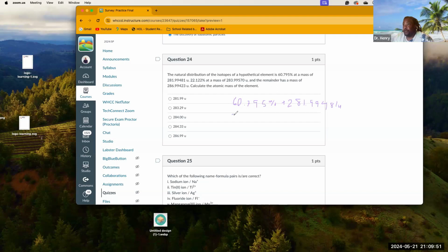And then we're also going to do the same thing here with the 22.122%, and we're going to multiply it. Looks like a plus.